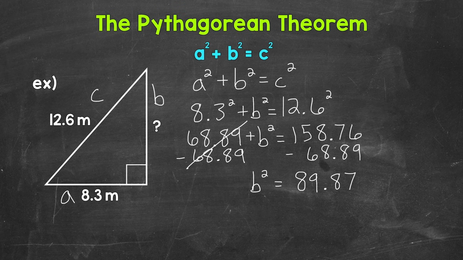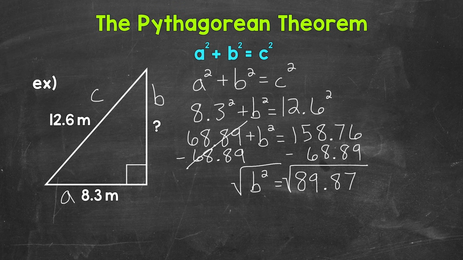We need to isolate B now. We need to figure out what B equals. Since B is being squared, we can take the square root in order to isolate B. So let's take the square root of B squared. Whatever we do to one side of the equation, we must do to the other. So take the square root of 89 and 87 hundredths.